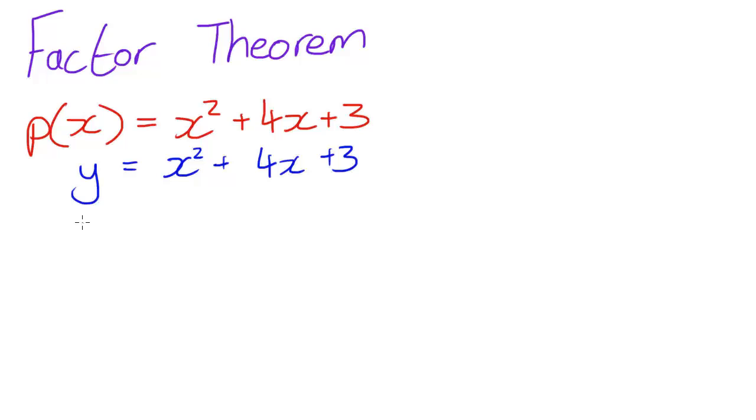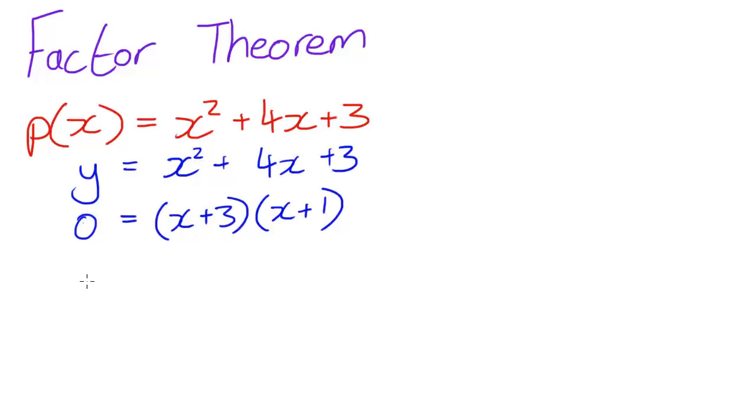So we would make y 0 and say, well, if 0 equals, we would have x plus 3 and x plus 1, and that would give us our points of intersection with the x-axis.